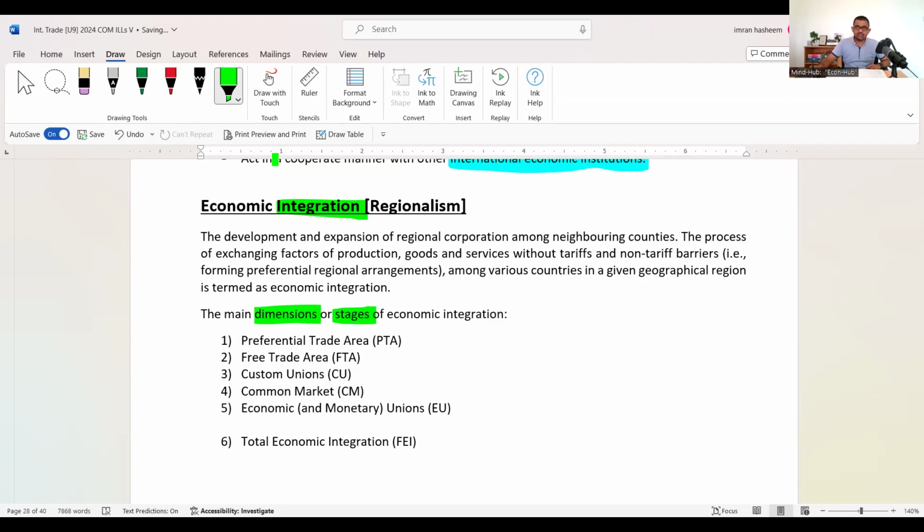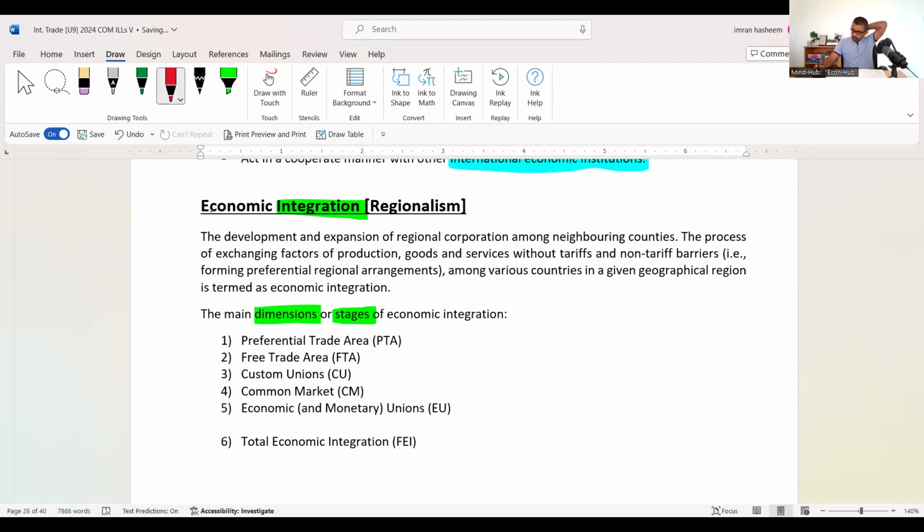So there are 6 we have identified. The 6th one is practically not there still, but the other 5 at different levels we can explain. Preferential trade area, PTA, free trade area, FTA, customs union, CU, common market, CM, and economic and monetary unions.